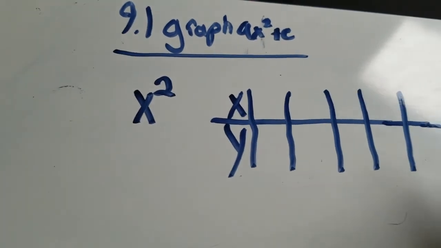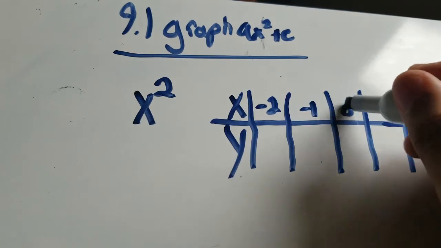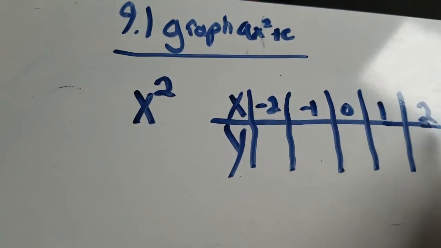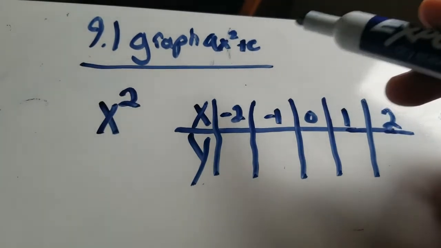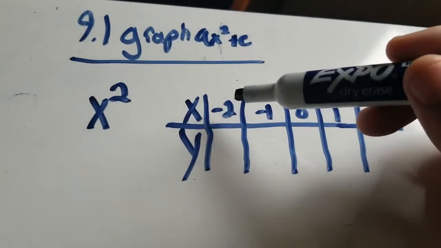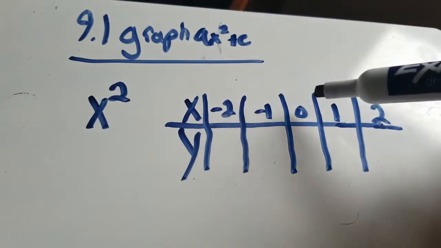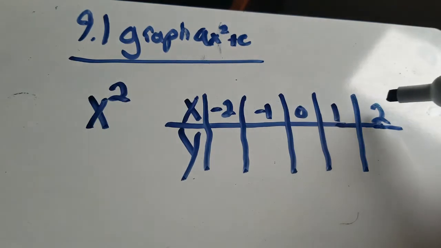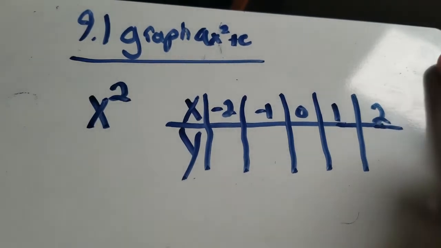Our domain is always going to be -2, -1, 0, 1, 2. When I ask you to graph an ax squared plus c situation, this is always going to be your domain. So whenever I graph, you're going to go from -2 to 2 on your x's.